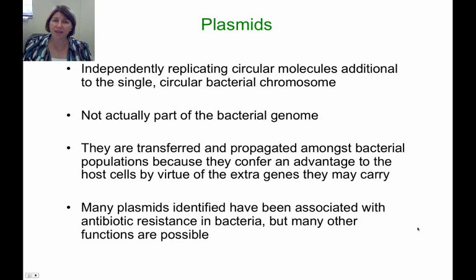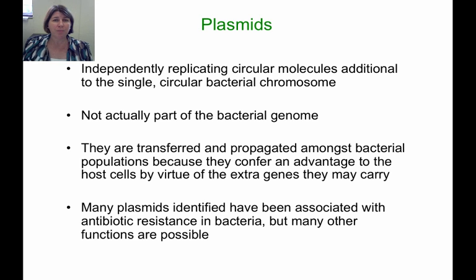So, in that example, we showed putting a piece of DNA into a plasmid. So what is a plasmid? Plasmids are independently replicating circular molecules, which are found commonly in bacteria. Now, they're not part of the chromosome of bacteria and not really part of the genome. They can move around independently between bacteria, and they often encode genes which are very important to the bacteria.